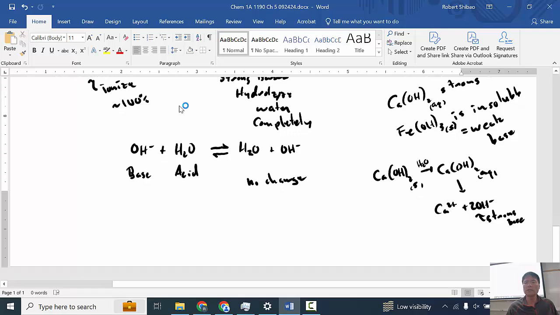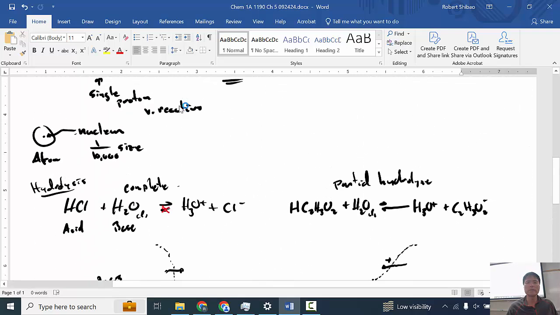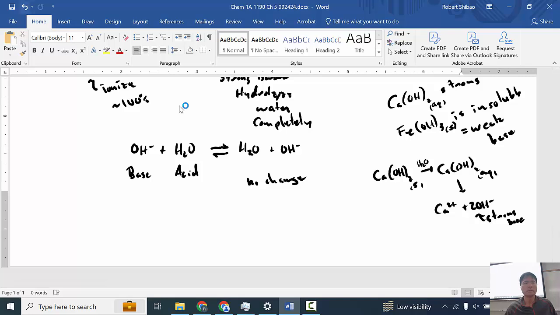The soluble oxides are strong bases as well.